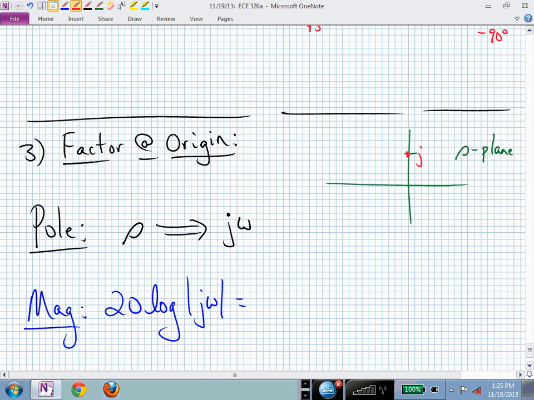What's the length from the origin to j? 1. So the magnitude of j is 1. I can now say that this is the same as 20 times the log of the magnitude of omega. The j doesn't impact the magnitude. I only had that imaginary part, didn't I? If it was real plus imaginary, I need to keep those two orthogonal directions clear.